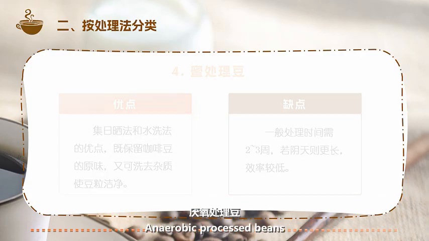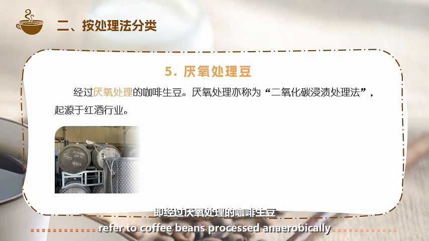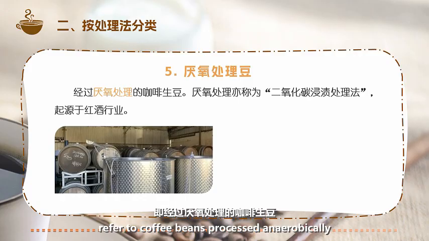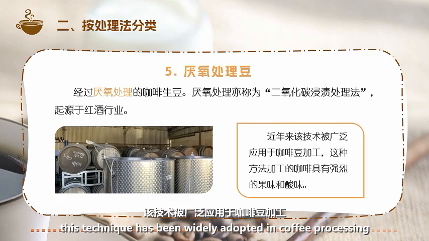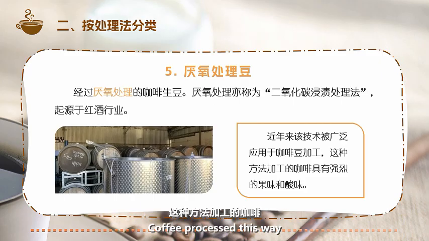Anaerobic processed beans refer to coffee beans processed by the anaerobic process, also known as carbonic maceration, originated from the wine industry. In recent years, this technique has been widely adopted in coffee processing. Coffee processed this way features intense fruity notes and acidity.